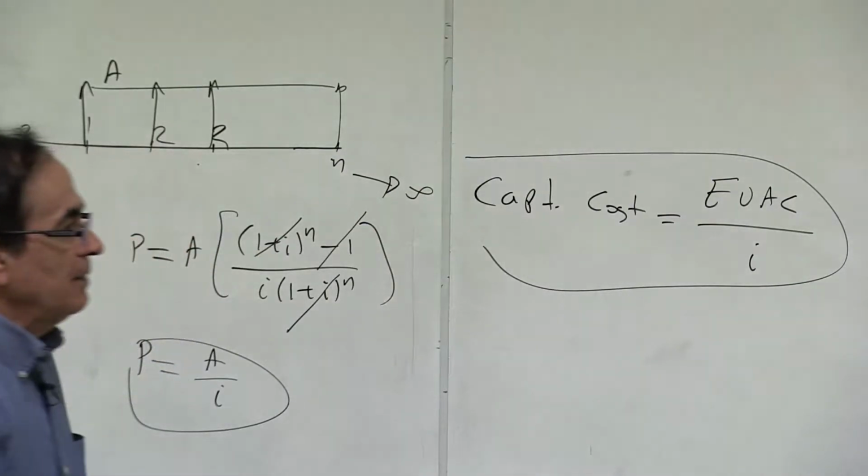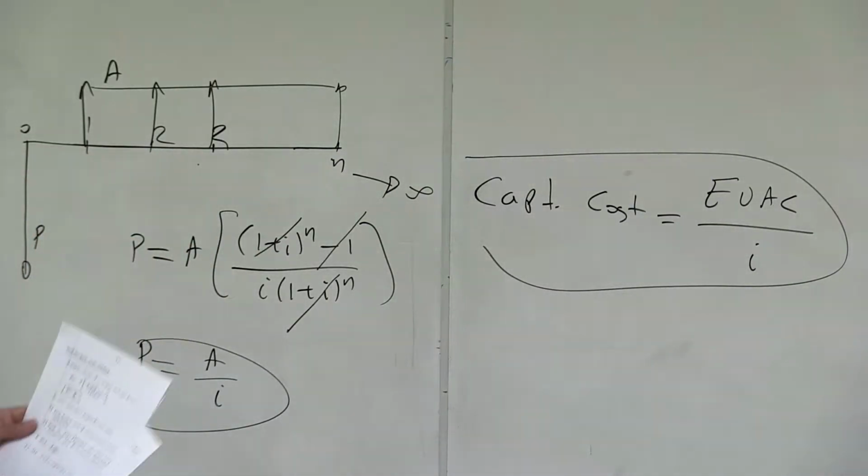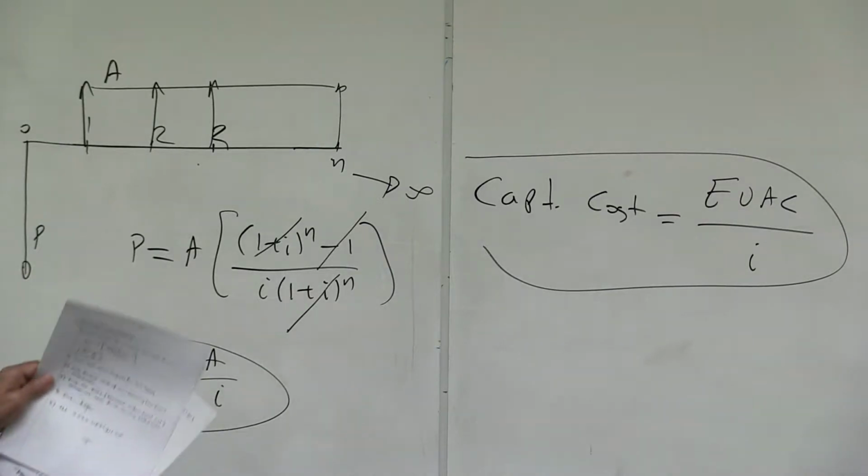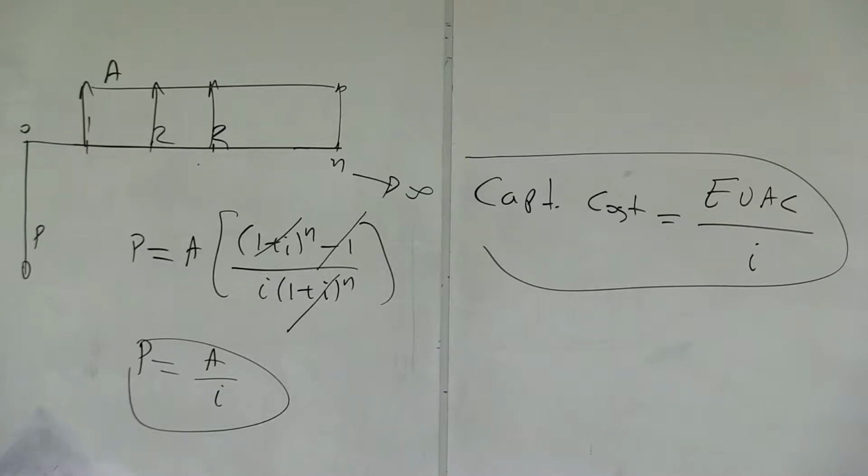So we're going to find the annual cost first, then divide by the interest rate. We call this the capitalized cost associated with the alternative. We're going to use this approach to compare alternatives if the life of at least one of the alternatives goes to infinity.